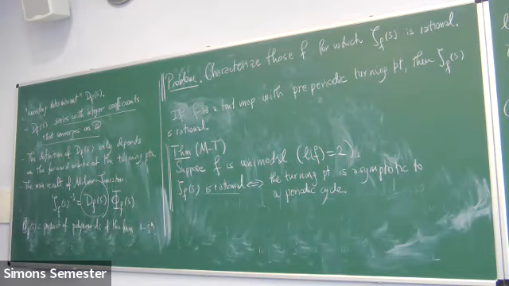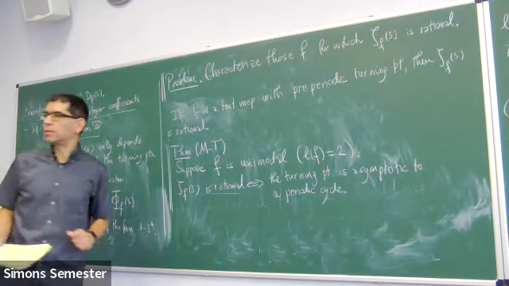Yeah, asymptotic to a periodic cycle is not necessarily pre-periodic. Exactly. Yes.